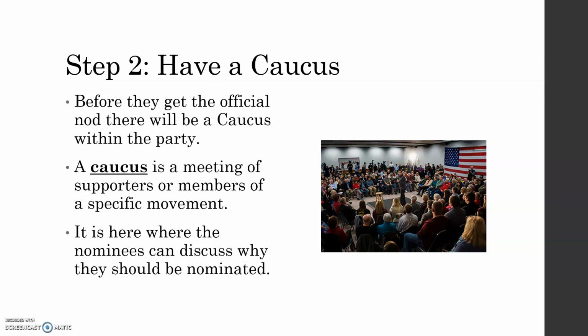If we were all in the same political party in a classroom and we decided to nominate one person in the class, that person might be great for the office, but if someone else nominates someone else and they have no shot to beat that person, then maybe it would be best not to waste anybody's time. So they'll have a meeting and they'll discuss who the nominees are, why they should be nominated, how we're going to figure out which one ultimately gets to be on the ballot, all that different stuff.